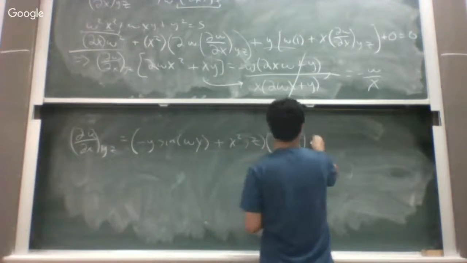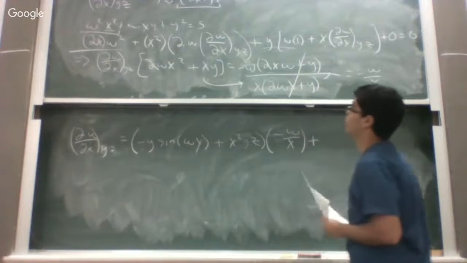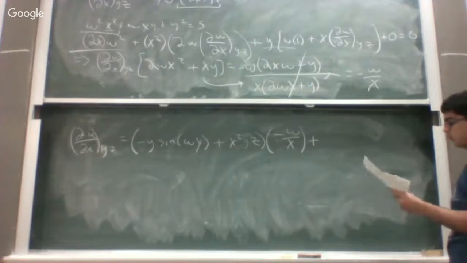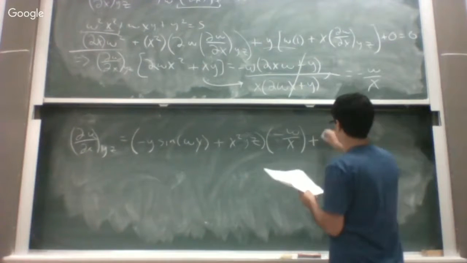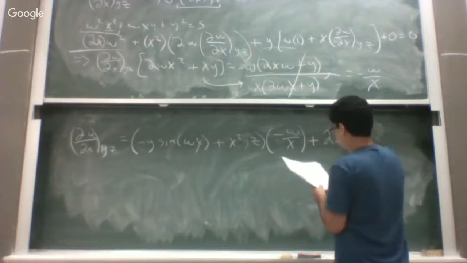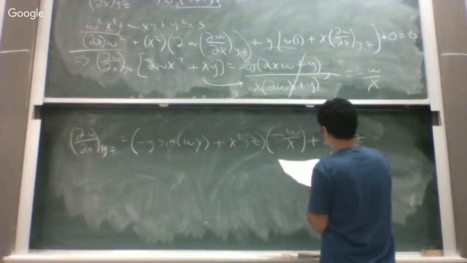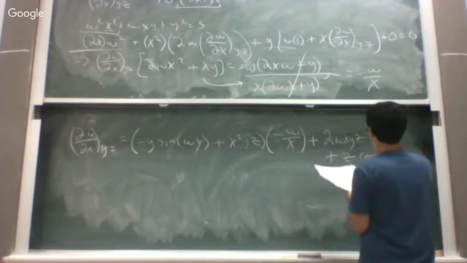plus f of x, which is taking the derivative of f with respect to x, the partial. And do you guys want to say it? 2wxyz plus z cosine of xz.